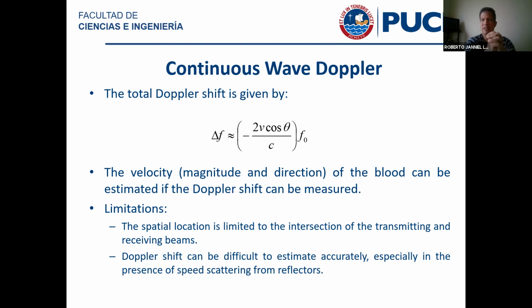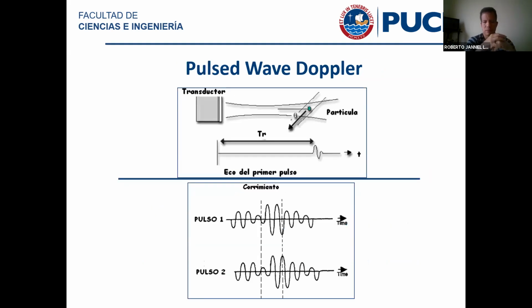So all of those things make it relatively impractical to use continuous wave Doppler for the estimation of blood flow. So people took a fairly different approach many years ago, which is the use of pulse wave Doppler.